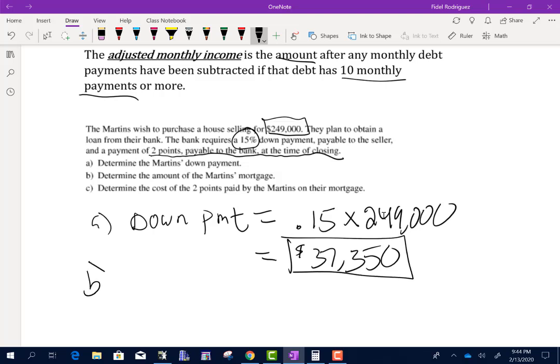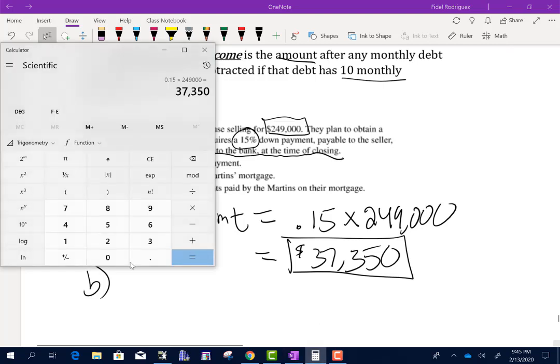That's a lot of money, right? Okay, part B says, determine the amount of their mortgage. Okay, so think about it this way. This is what we mean by the mortgage. The house costs $249,000. They're going to come up with $37,350.